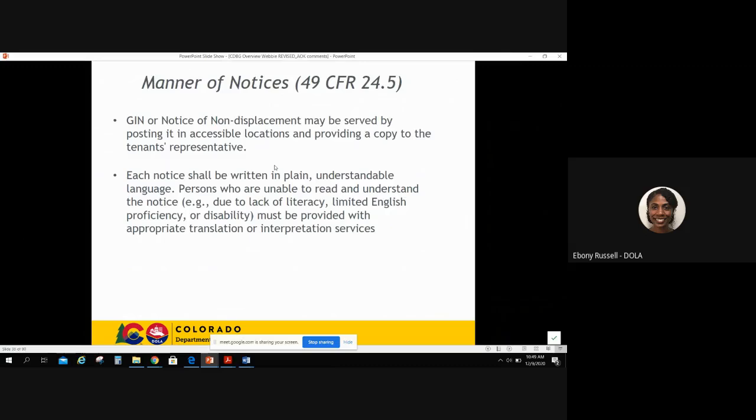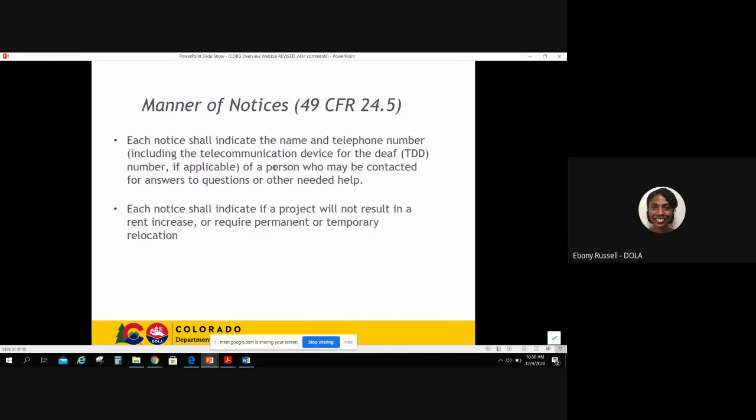All GIN notices must be served by posting them in accessible locations and providing a copy to the tenant or the tenant's representative. Each notice shall be written in plain, understandable language and in the tenant's first language. So make sure you understand the language preferences in the project that you're developing, and that the GIN notice is provided to them in the language that they can understand.